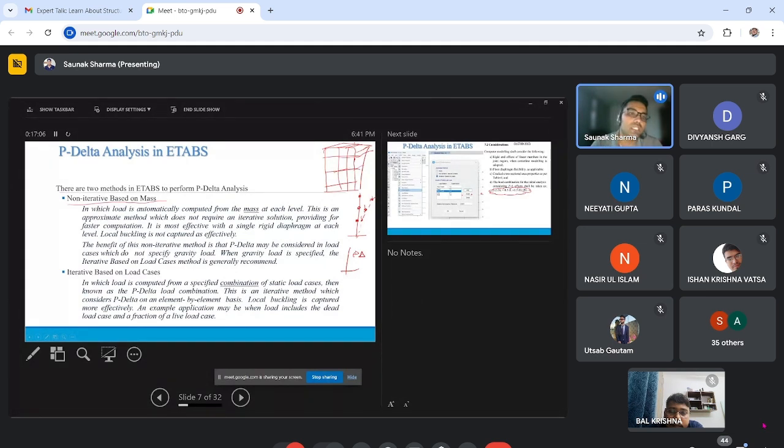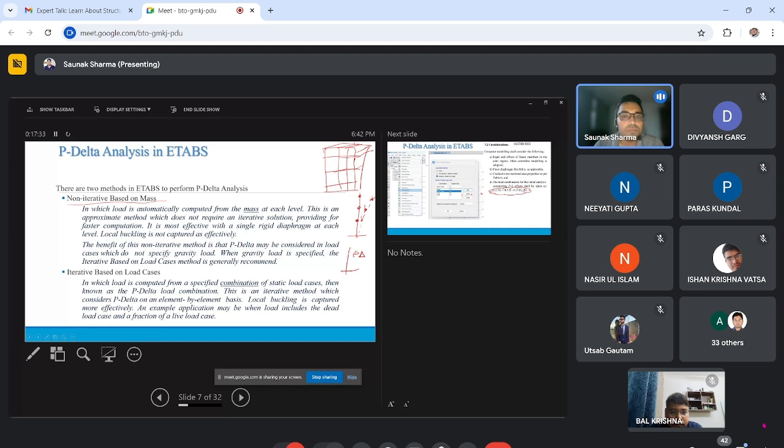In this type of building, this non-iterative based on mass method is suitable. In this analysis, local buckling is not captured as effectively. The P small delta effect is not captured effectively in this method.